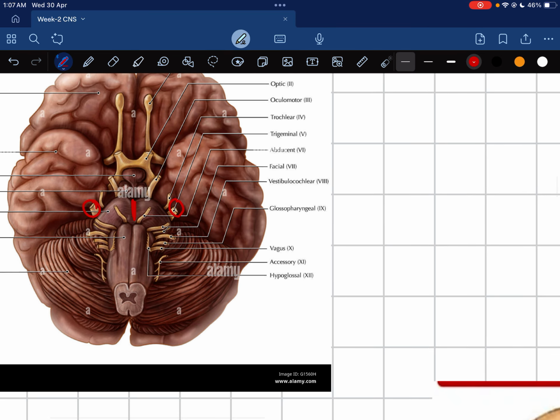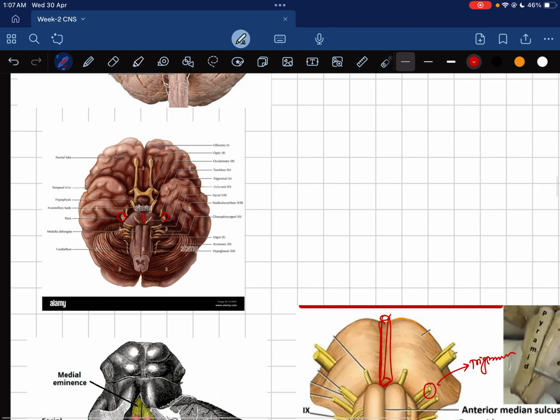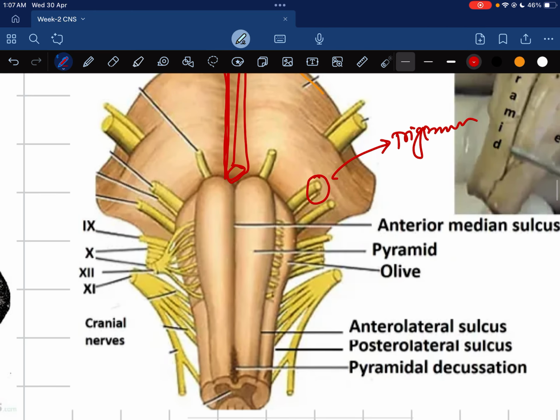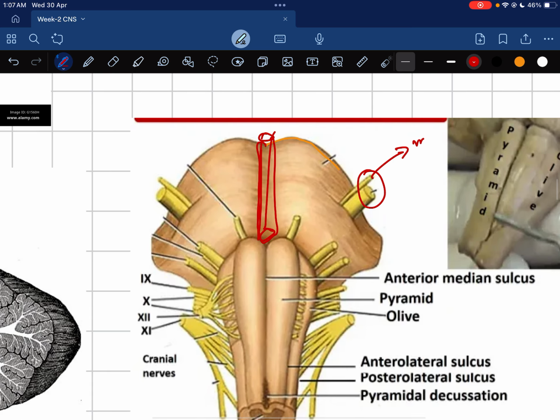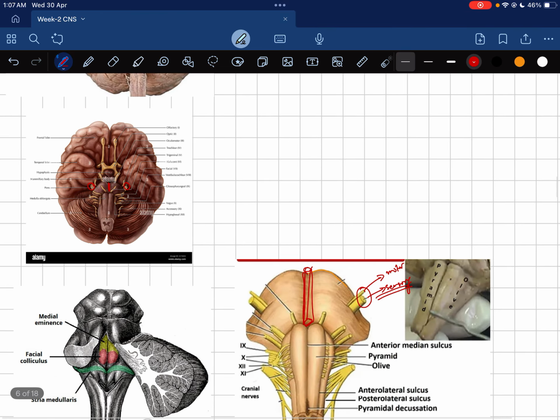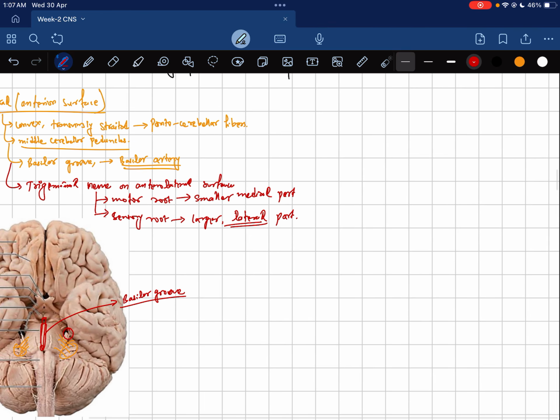This is okay. Also in this image, this is the trigeminal nerve. Here is the motor, this is sensory. I think it's clear.